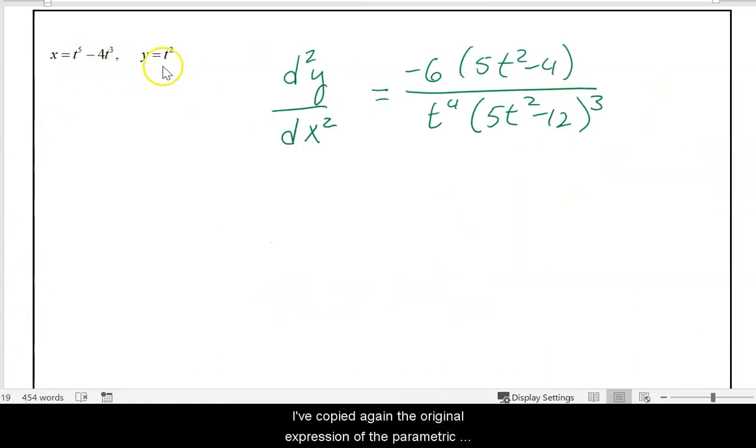I've copied again the original expression of the parametric equation here, and I've reproduced the formula we found for the simplified second derivative of the parametric. Again, this is with respect to y and x, though we have t left in our formula. To get rid of t, we're going to replace it with y wherever we have t squared.